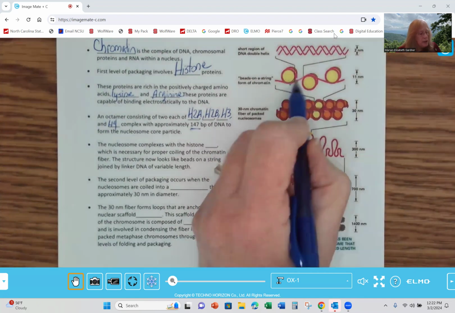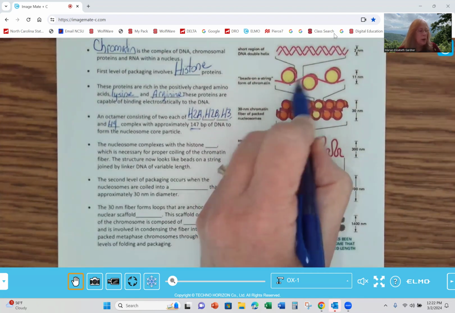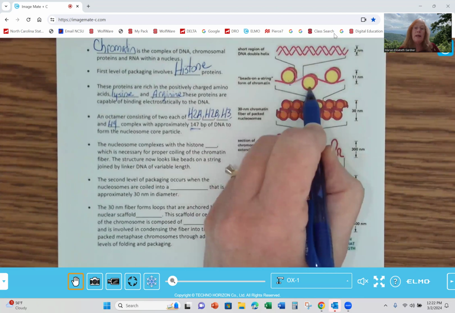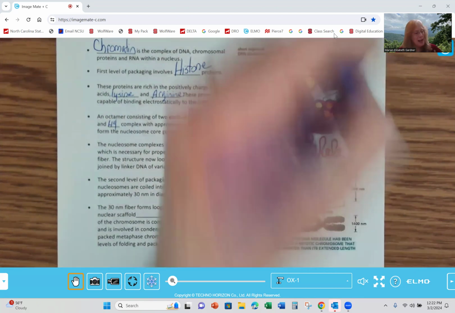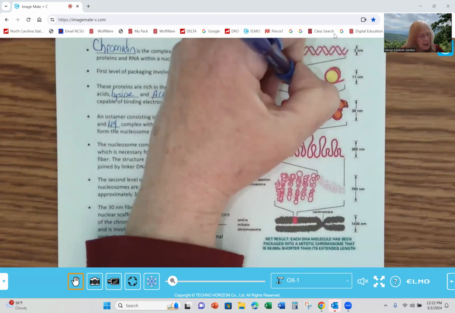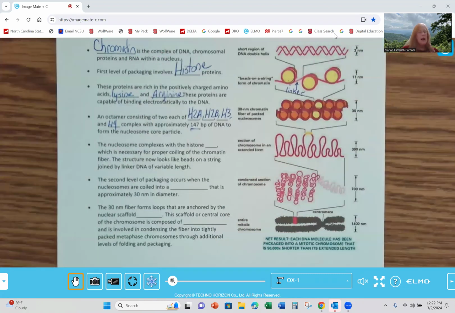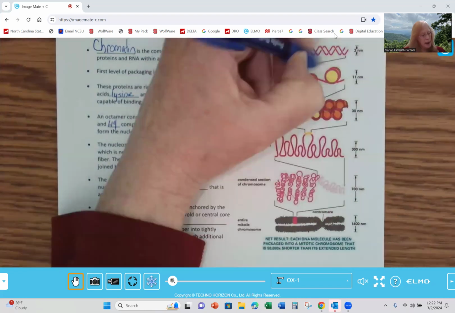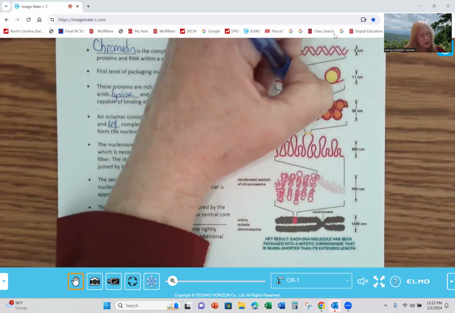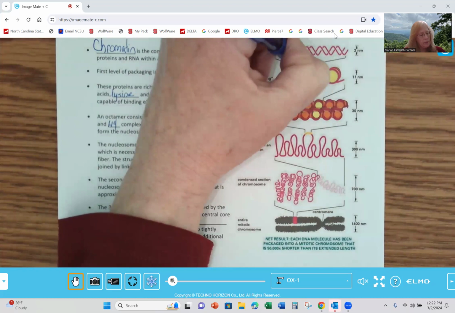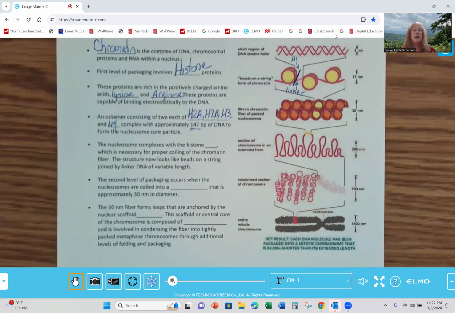And then you notice that there's a little bit of DNA that's going between these different beads on a string. That DNA is the linker DNA. And the protein H1, actually think of that H1 as being right here, is the histone that complexes with the linker DNA.